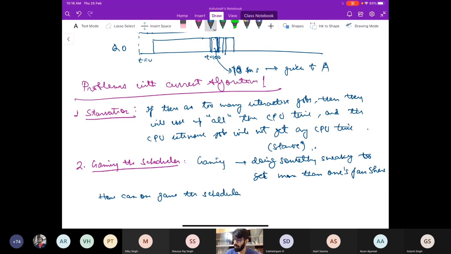By releasing the CPU before the time slice is complete.